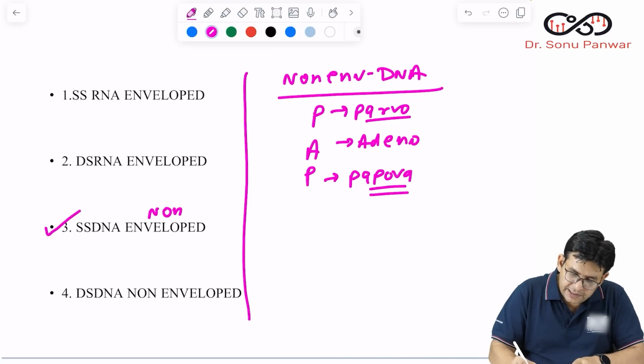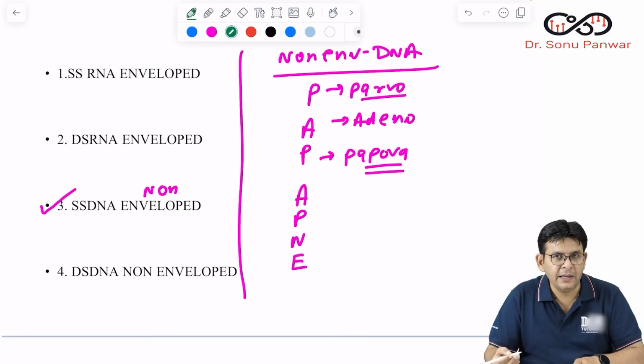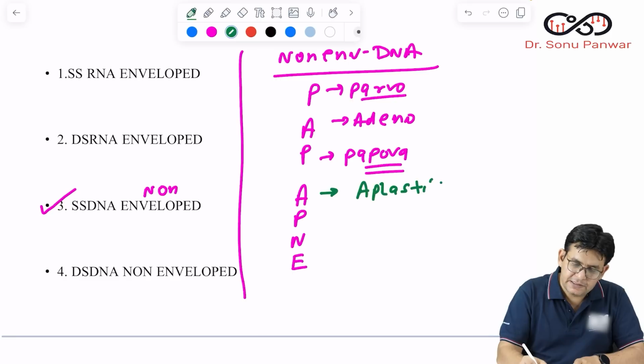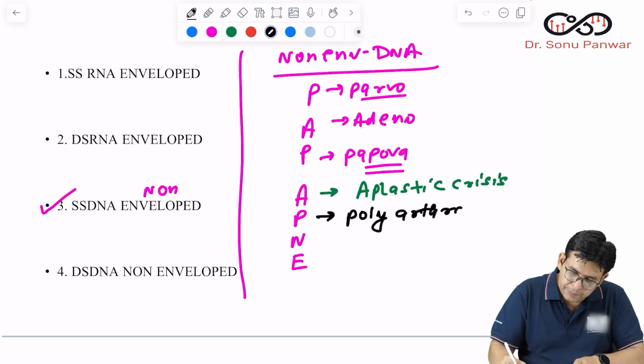This mnemonic is also helpful in the exam: APNE. Apne ho gaye paraye jab thappad pad gaya. So what is A? A is aplastic crisis. P is polyarthralgia, and the other question being asked is pure red cell aplasia.